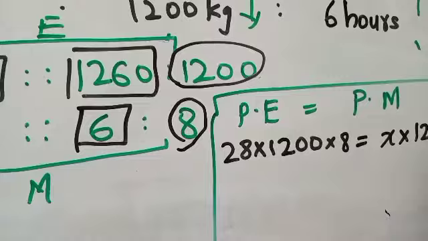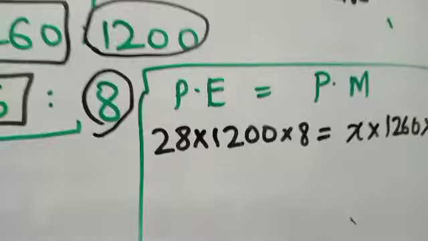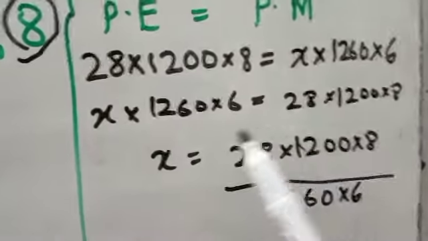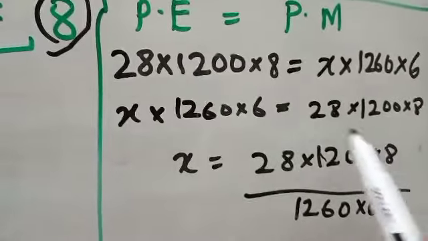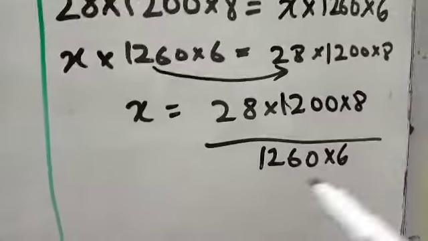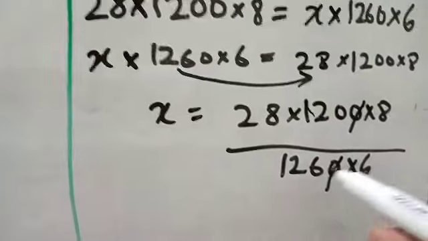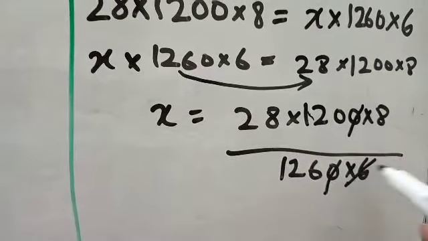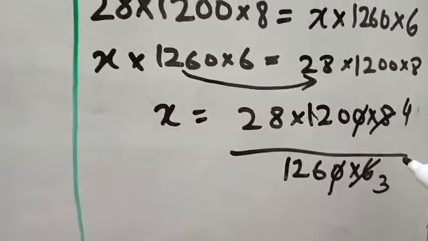1260 multiplied by 6. Again I will shift the position, bring my X over here. See I change the position, then X will remain over here. This you will copy and this will go down and divide. Now simplify it. So simplify in the manner 0 and 0 will be reduced. Then you can reduce 6 3s are 6, 6 4s are 8.